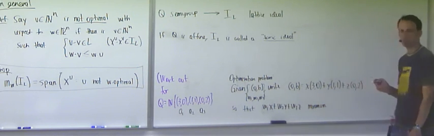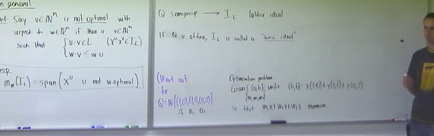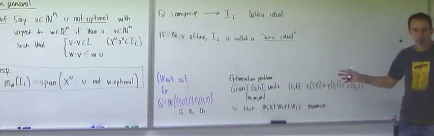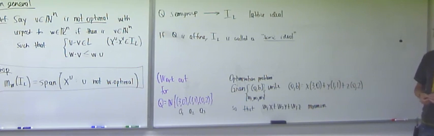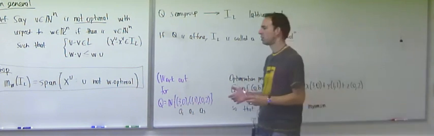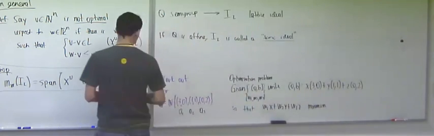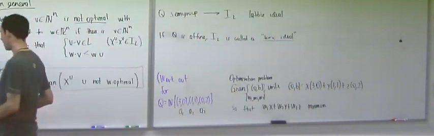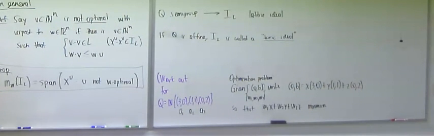Okay? If you think about this, this is a question that you would think would belong in a different class, in an optimization class. Yeah? But this is exactly the optimization problem that we're facing here. And the punchline is basically that this optimization problem is exactly the same problem as taking this initial ideal. Okay?